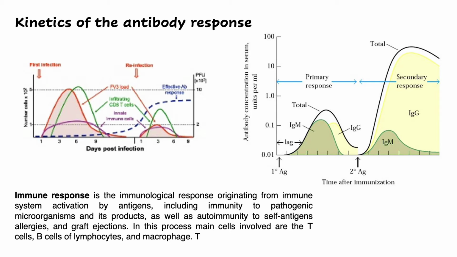The production will be released, or the reaction will take less time compared to the first infection, because at the same time our body system already has the memory B cells waiting, for example, on standby for the second reinfection by the same microbes or antigen.